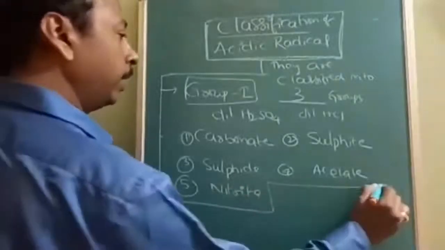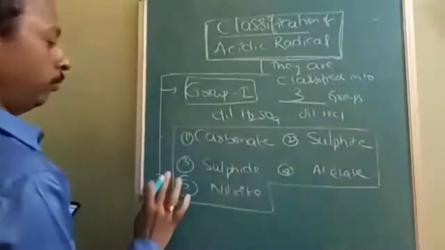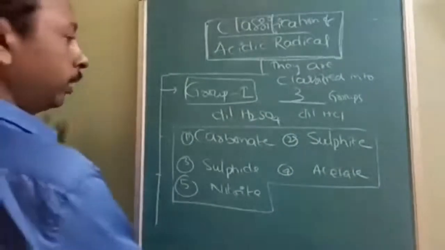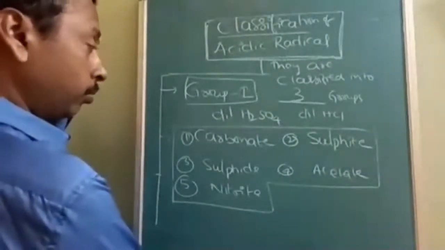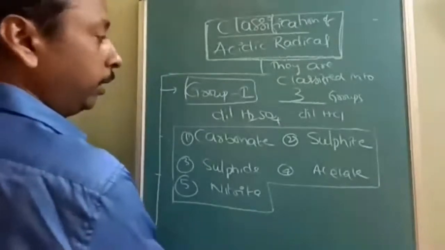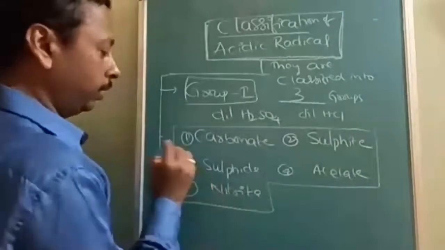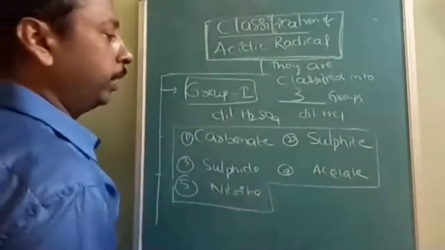These are the five examples of group 1. Group 1 has two group reagents, both dilute H2SO4 and dilute HCl only, and they contain how many anions?